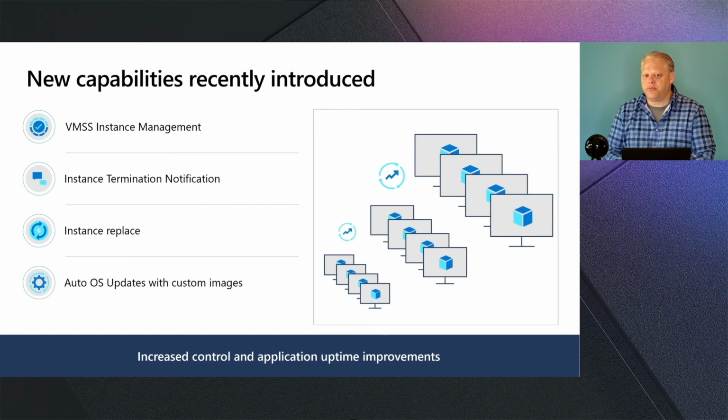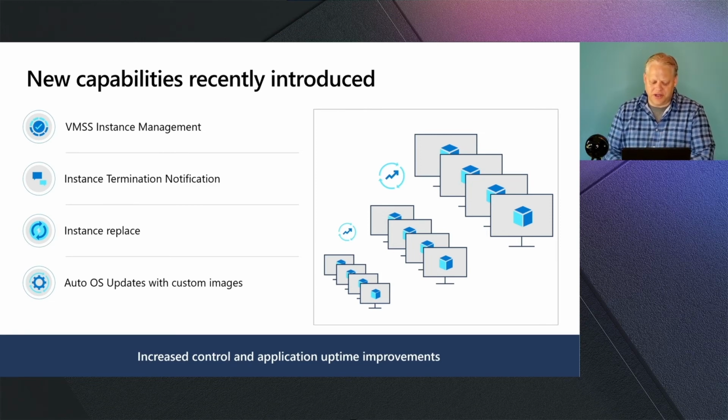But if you have a problem in the software in the virtual machine, say you have a continual panic in the Linux kernel, or your software is hung up, something's not working, in this case, we will also detect that, and we will replace the instance automatically if you've configured instance replace. So using the health system, if the application inside the virtual machine starts to fail, we will shut it down and replace it with a new instance.